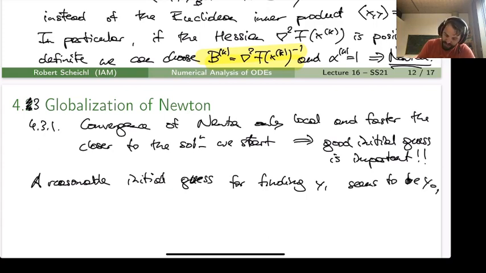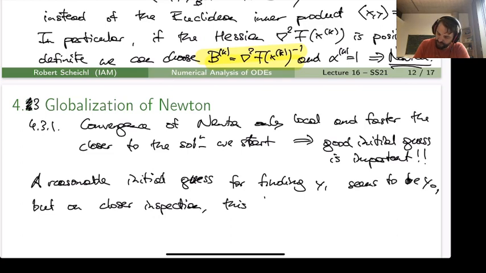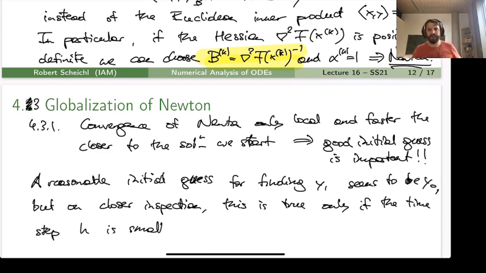But on closer inspection, and we did this already above when we discussed the fixed point iteration, this is true only if the time step is small relative to the Lipschitz constant capital L.